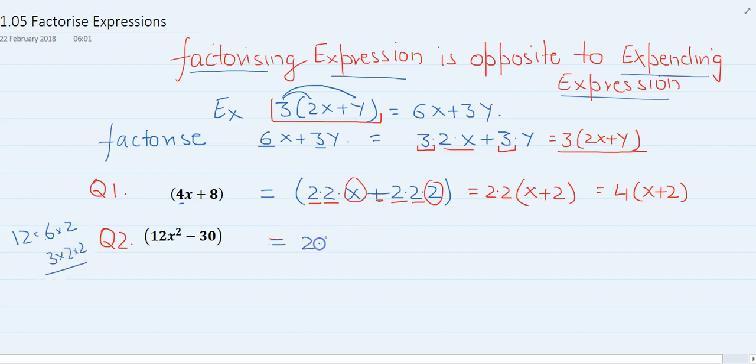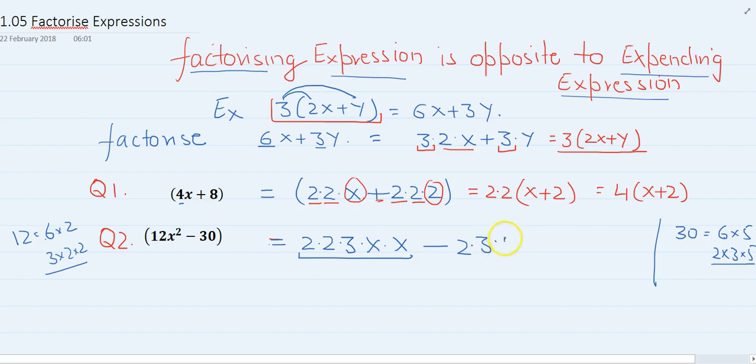So we write 2 multiplied by 2 multiplied by 3. x² can be written as x multiplied by x. The factors of 30: 6 times 5 is 30, and 6 can be written as 2 multiplied by 3, so we write 2 multiplied by 3 multiplied by 5. That's all.